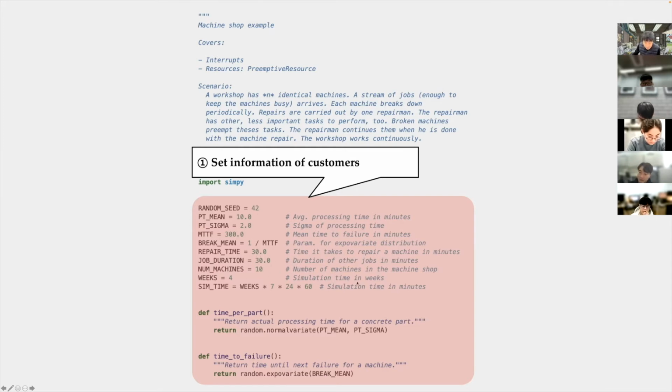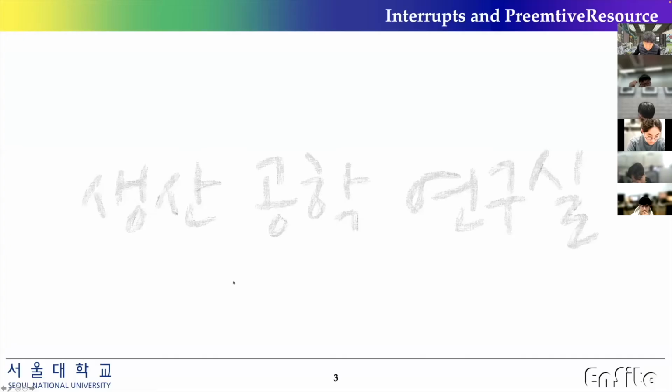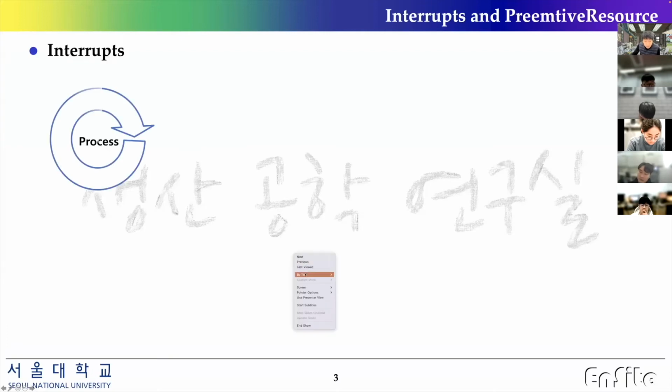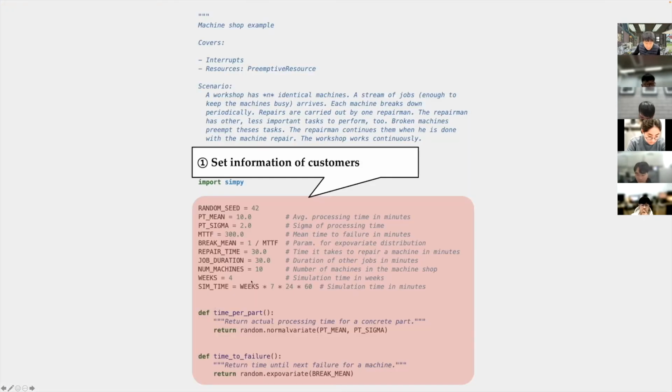And simulation time is defined as a week. And actual simulation time is calculated as the multiplication of weeks and 7 days, 24 hours, and 60 minutes. This is just time converting.